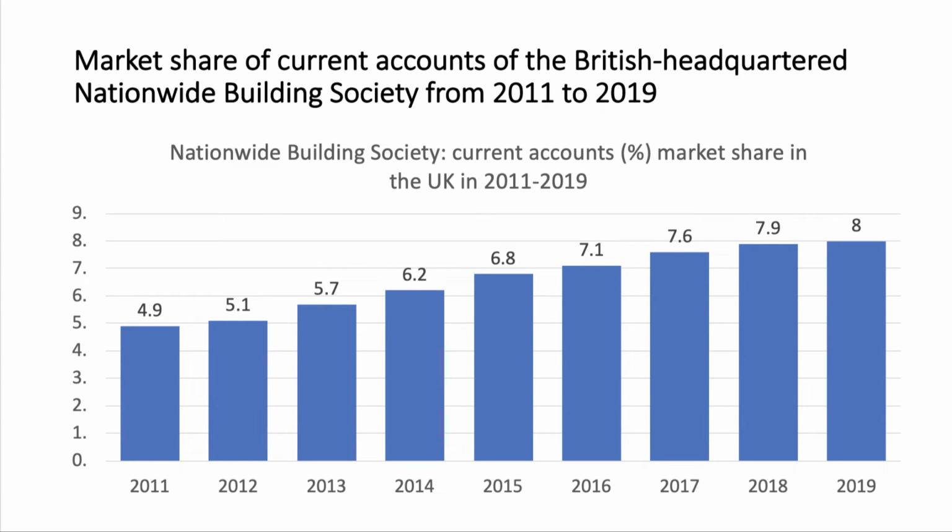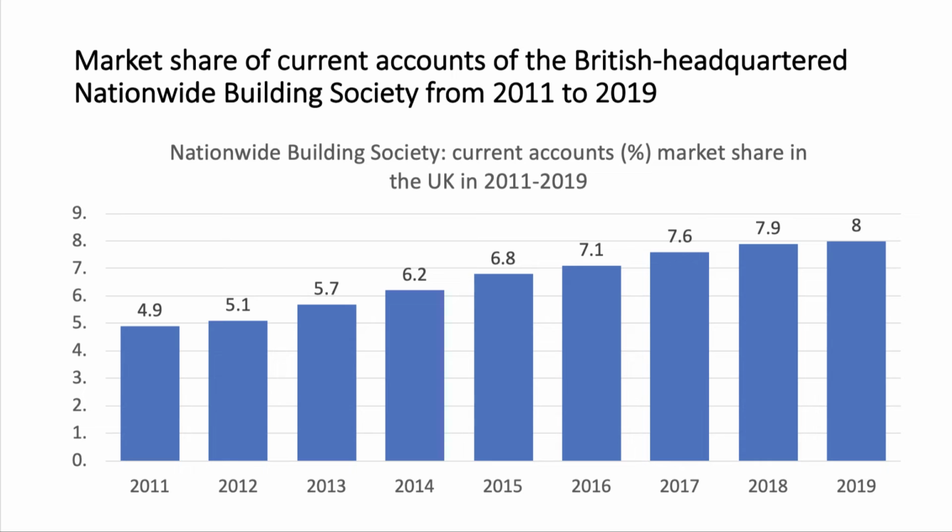Another example in the financial markets could be a bank or a building society that decides we want to take a bigger slice of the market. Nationwide Building Society, many of you may have an account with the Nationwide. It's Britain's biggest building society, a mutual fund owned by savers.